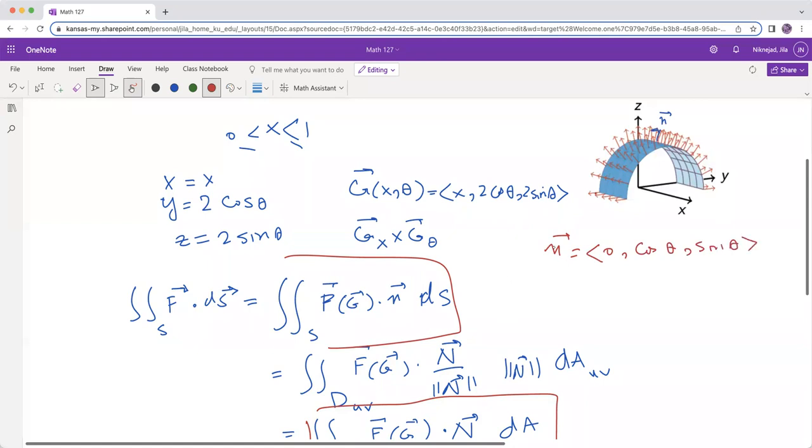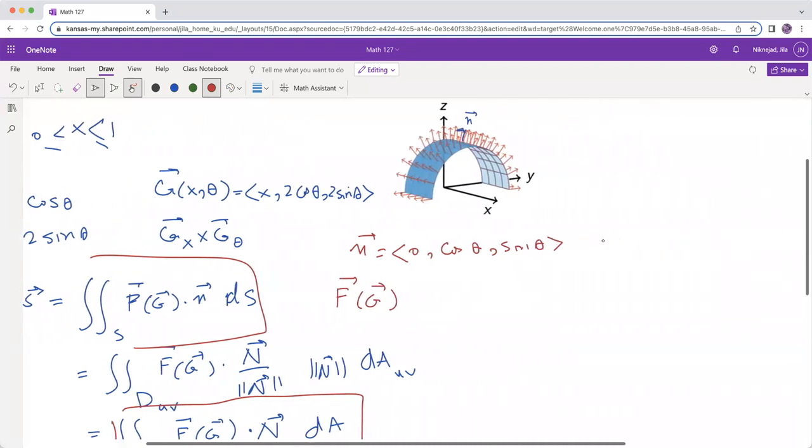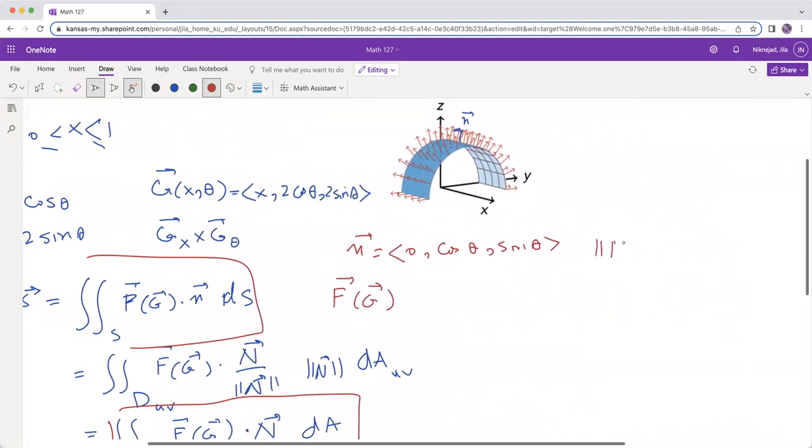Okay, so that's done. Then I just plug in F of g. Oh, and one more thing: the magnitude of N is just the Jacobian in this case, which is r, and r here is 2, so I just get 2. So this seems like the best method to use, check mark.